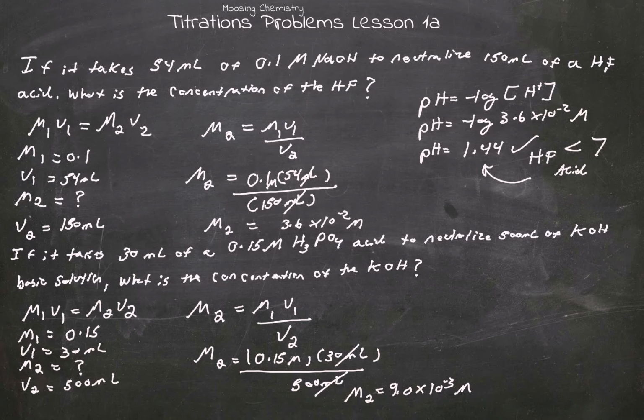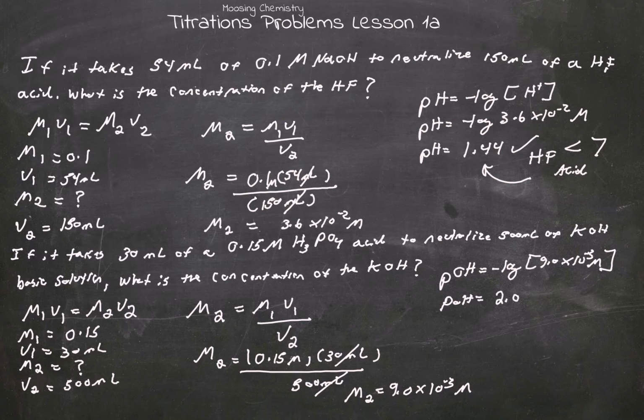So pOH equals negative log of 9.0 times 10 to the negative third M. So pOH is equal to negative log of 9.0 times 10 to the negative 3, which equals 2.0.